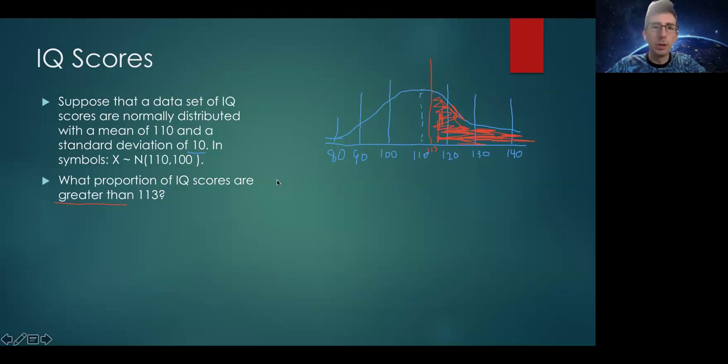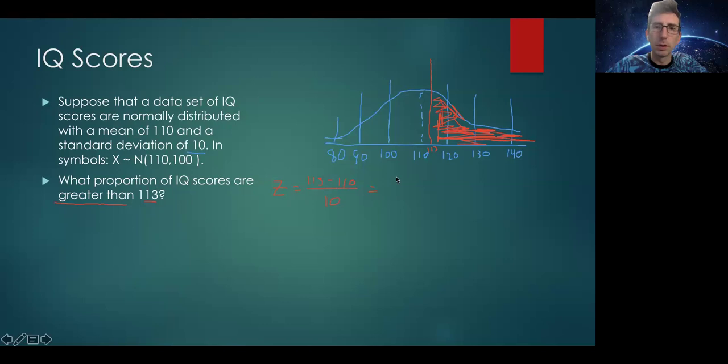So we know how to start this, right? We start with our z-score formula. We take our x value of interest, which is our 113 from the question here. We subtract our population mean, which is 110, and then we divide it by our standard deviation of 10.